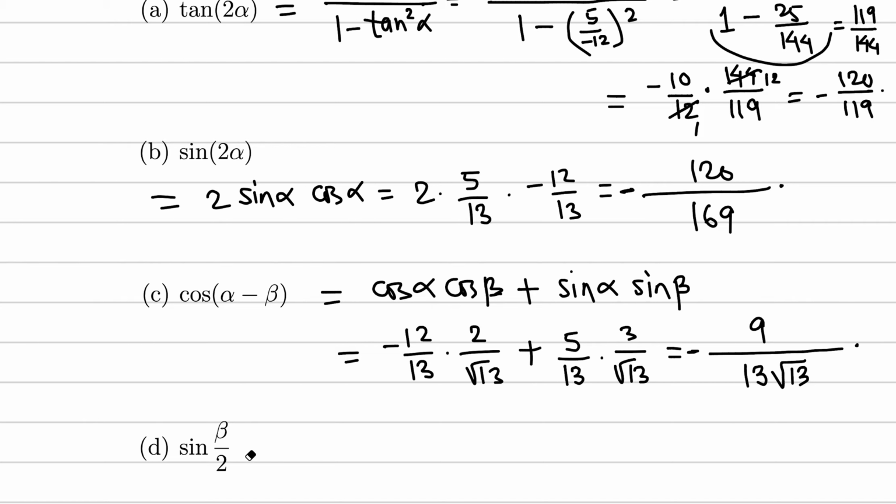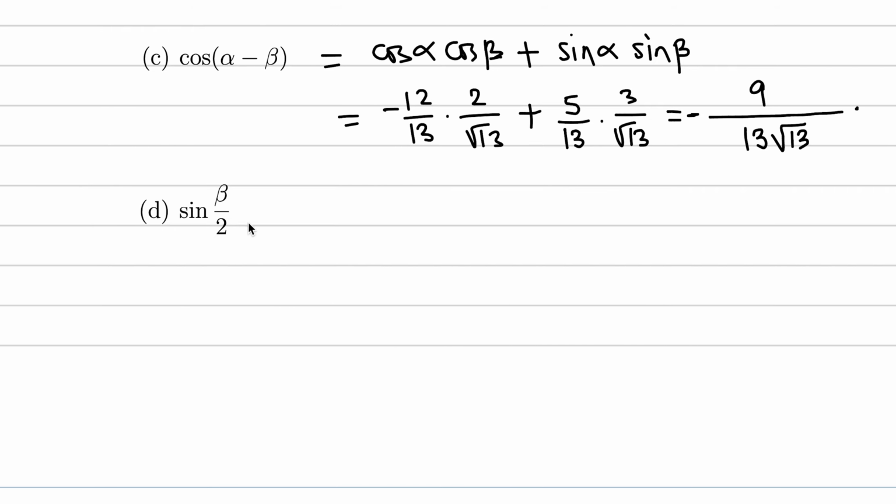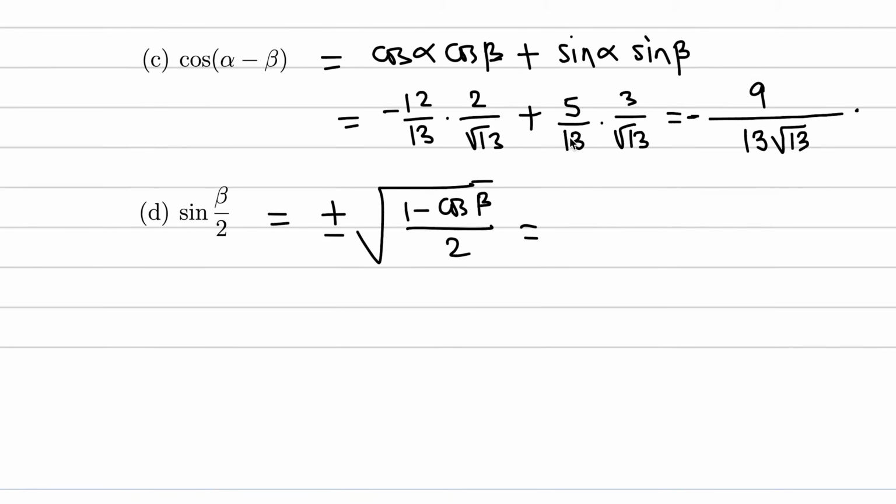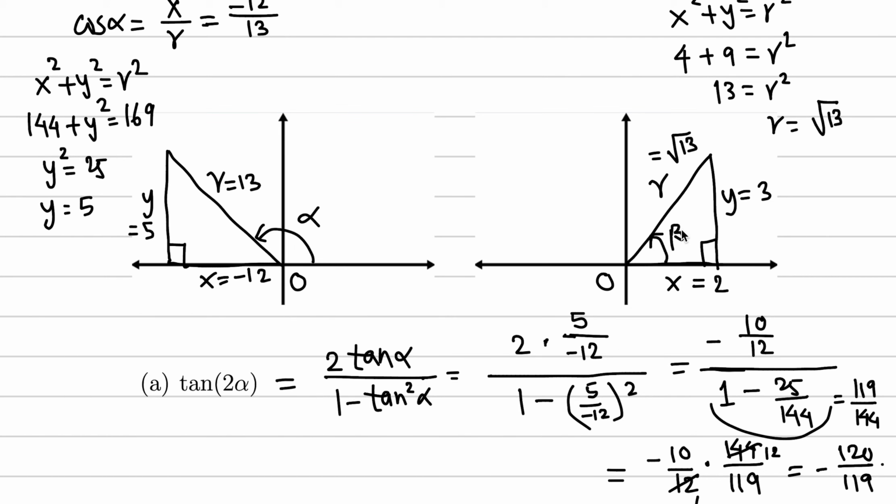Now the last, sine beta over 2, the half angle formula. The half angle formula gives plus or minus the square root of 1 minus cosine of that angle, which is beta in this case, over 2. So we need to correctly choose whether plus or minus. In our case, beta is in the first quadrant.